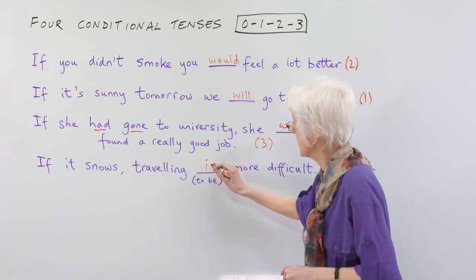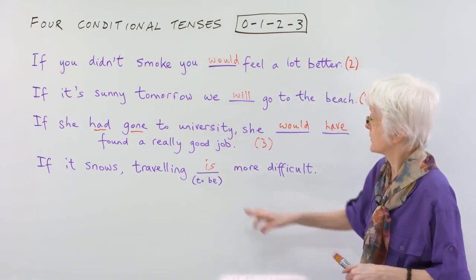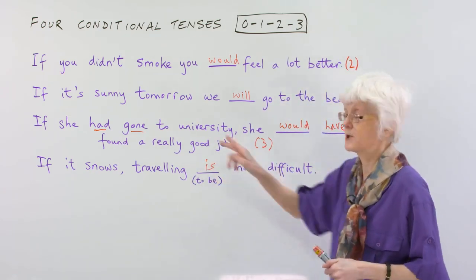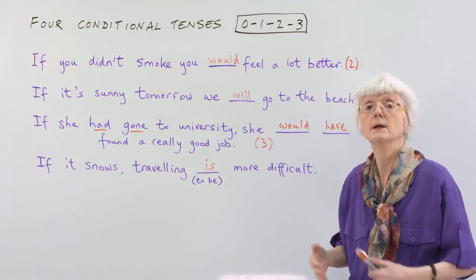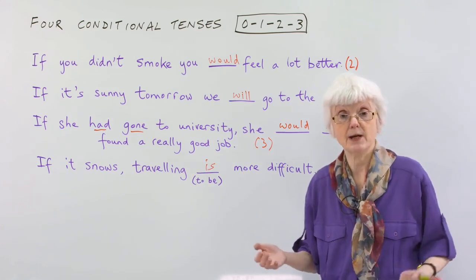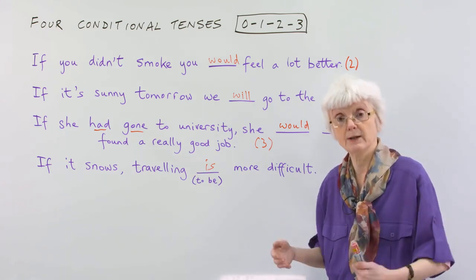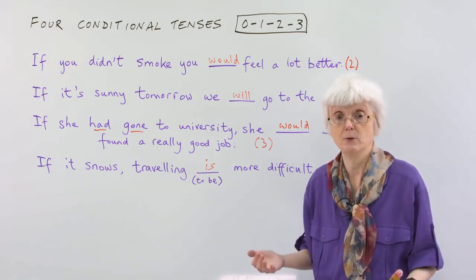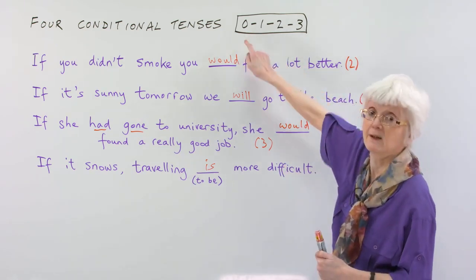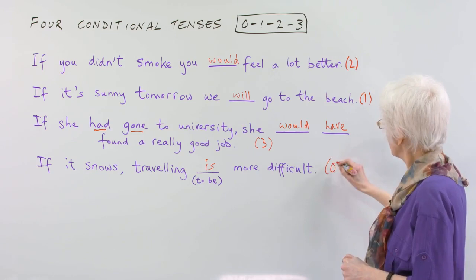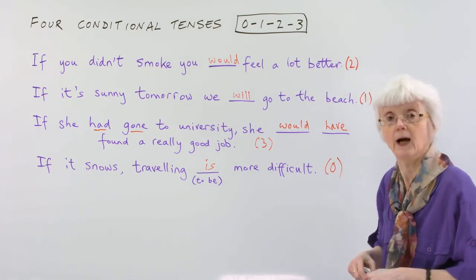Travelling is. So travelling is more difficult if it snows, which is a general, usually true statement. That is usually the case. It's generally true. So we only have one conditional left, the zero. So that's the zero conditional at the end there.